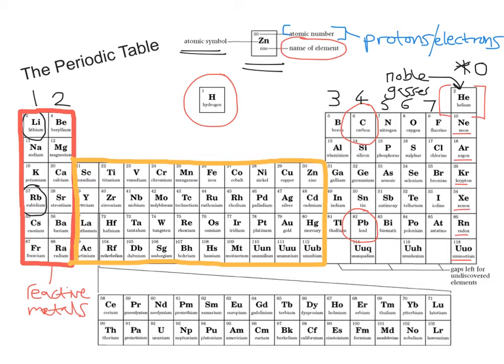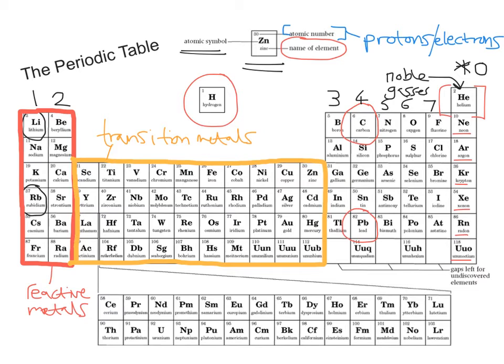So this in yellowy orange, that area there comprises our transition metals. So we find our transition metals in this region here.